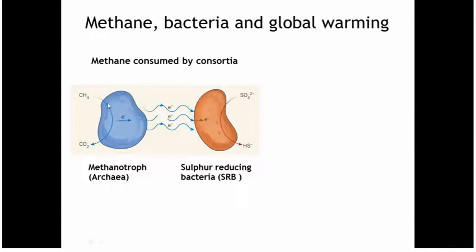So what these methanotrophs are going to do is remove the electrons from methane to produce carbon dioxide, and then somehow these electrons have got to find a good electron acceptor. And by good, I mean anything better than CO2. So oxygen, nitrate, and even sulfate is a better electron acceptor than carbon dioxide.